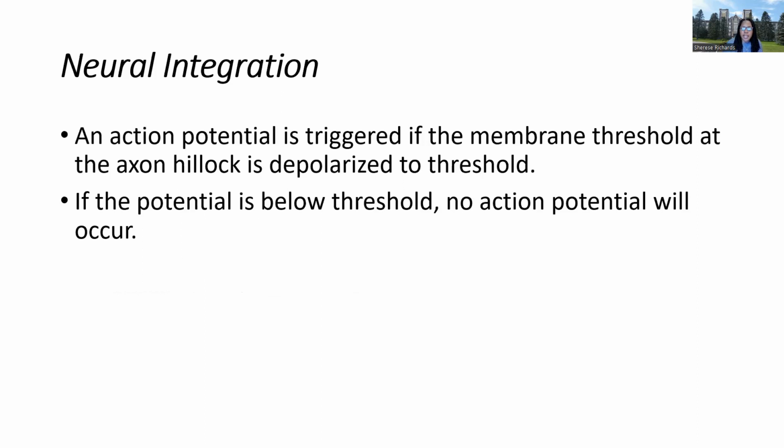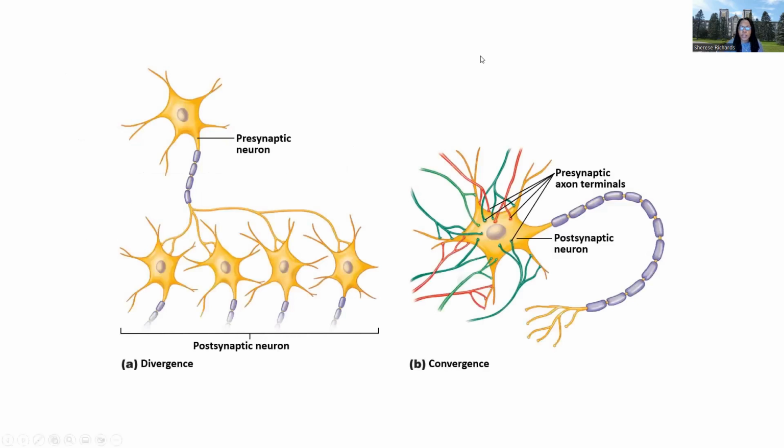So the axon hillock is the area on the neuron where we're kind of measuring what does the membrane potential look like here? Because if it is at threshold, then this is the area where we will begin to initiate the action potential. And then through saltatory conduction, if it's a myelinated neuron, we will have that action potential traveling down the entire axon. All right.